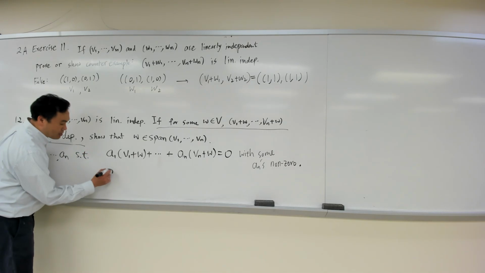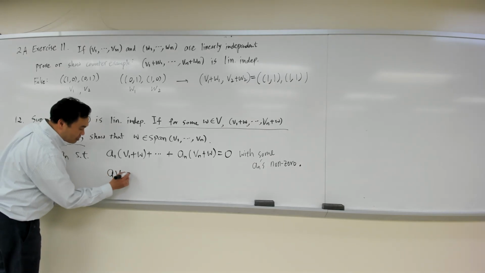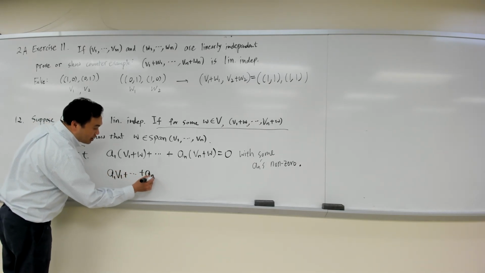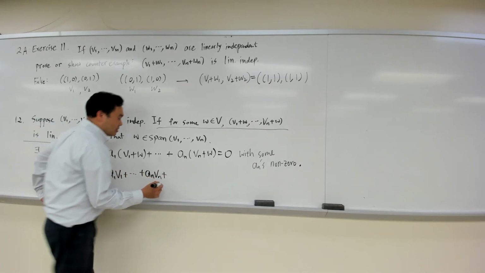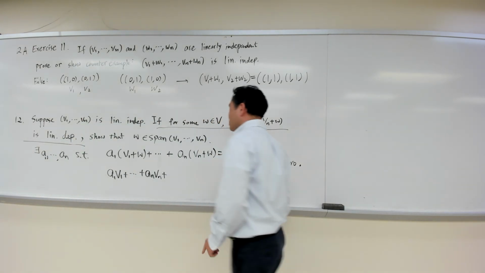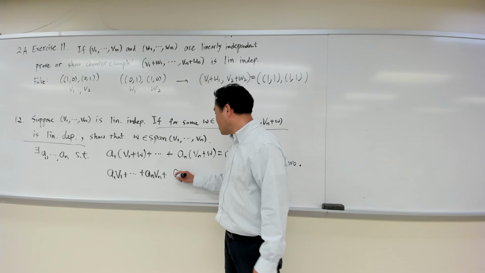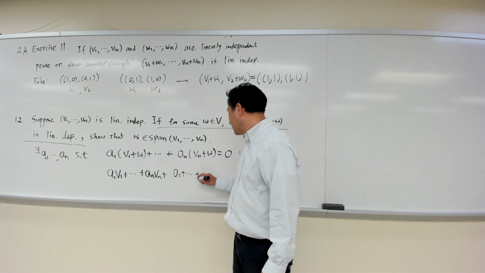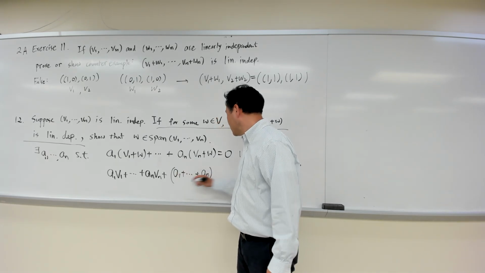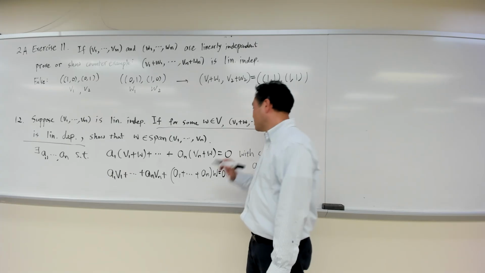You can rewrite this as A1 V1 through AN Vn, and then A1 times W, A2 times W, all the way up to AN times W. We can put them together like this. Okay.